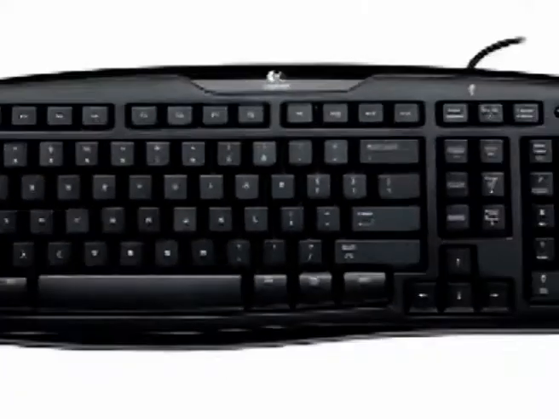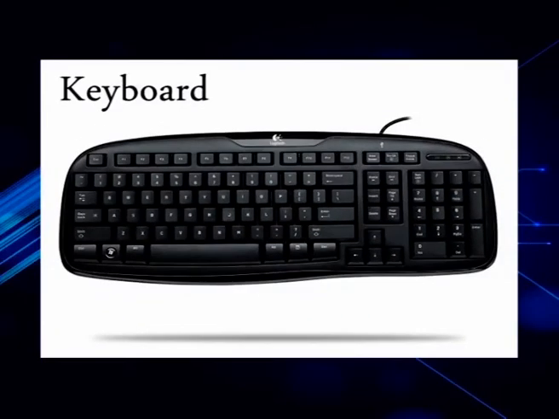Let us discuss some of the peripheral devices one by one, beginning with the keyboard. The keyboard is an input device that allows you to enter alphanumeric data into the computer. It also allows you to edit, correct, change or modify existing data.